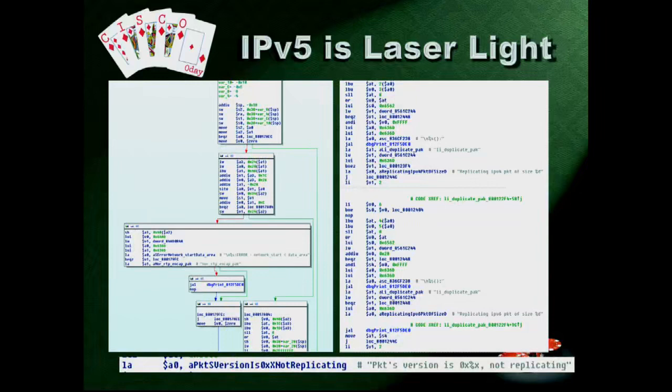Because what you see here on the right is a very, very long piece of code that copies the packet to the police. And this here jumps to exit. Packet not copied, packet not there.